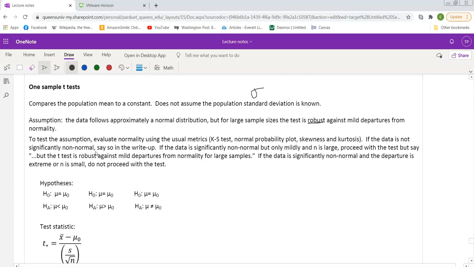Don't do that, I'll count off. But if you have one that's approximately normal, then just say so in the write-up. You're going to state your Kolmogorov-Smirnov test p-value, state your skewness and kurtosis, and keep going.